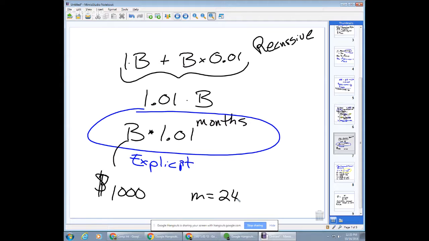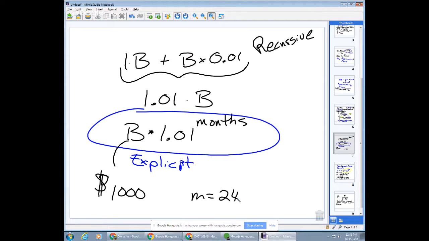So is that the one you can just type everything in one shot, or do you have to do it in parts? You can do it in parts, okay. So you just have to be careful there. So I would do, let's see, I guess we would have to do the 1.01 to the power first. Nope. That button right there means power. And then 24.